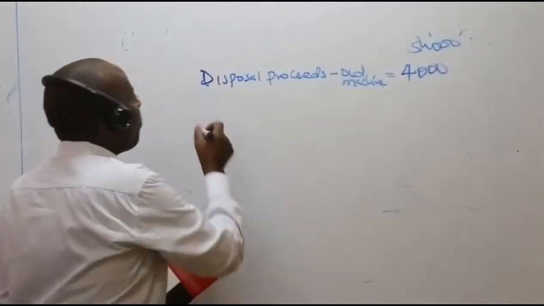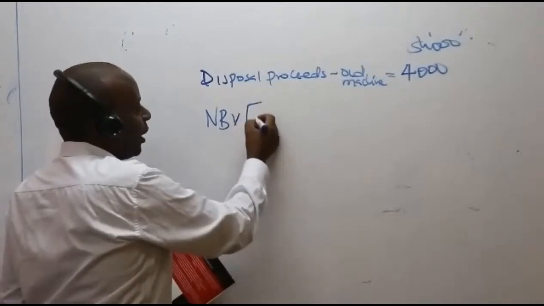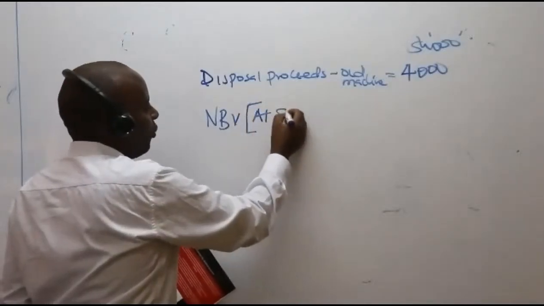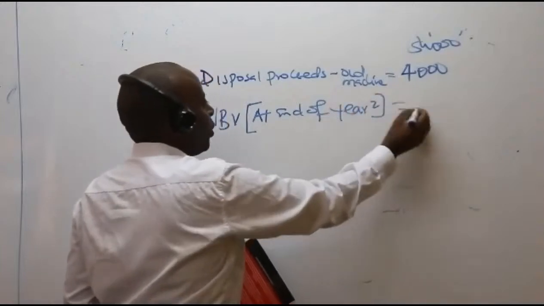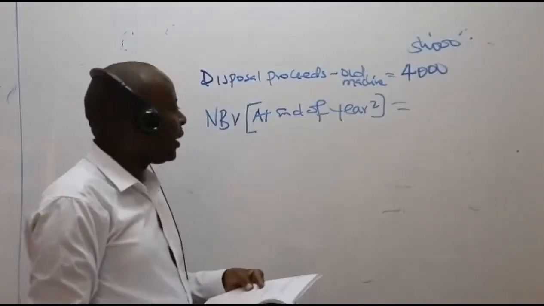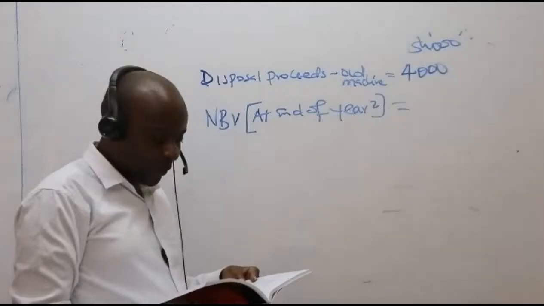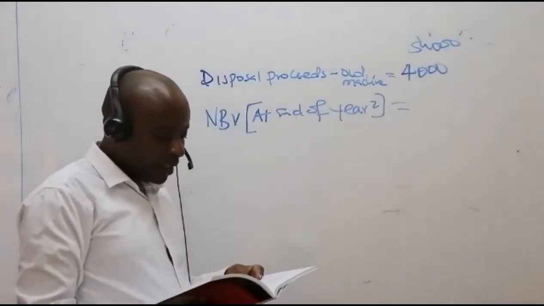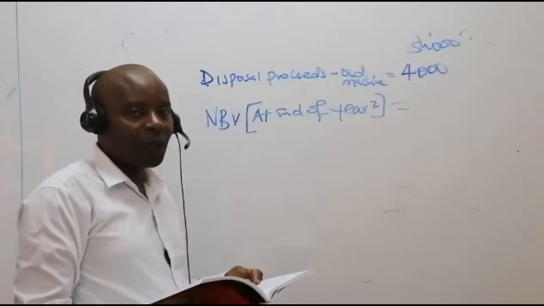Let me put my figures in thousands. Now I'll compare this disposal proceeds of 4,000 with the net book value of this machine, at the end of year 2. Have they given us this net book value? No. They have given us the purchase cost, which is 8,000 for this old machine.